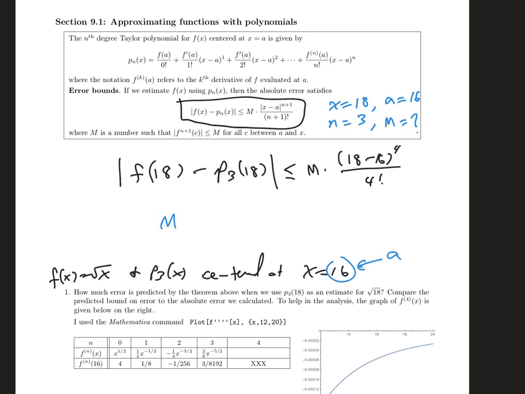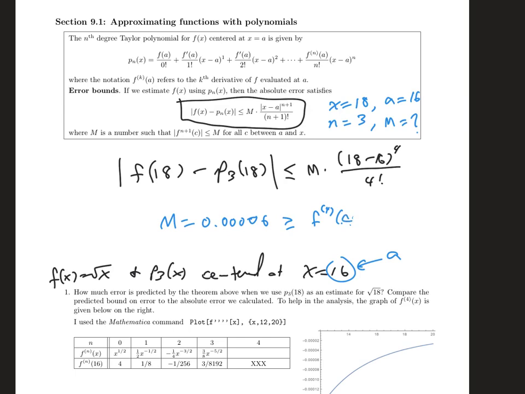We found that taking m to be 0.00006 would be good enough. That number is greater than or equal to the fourth derivative at x. Well, I guess I used a different letter.